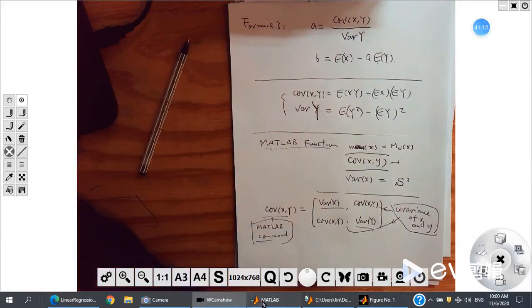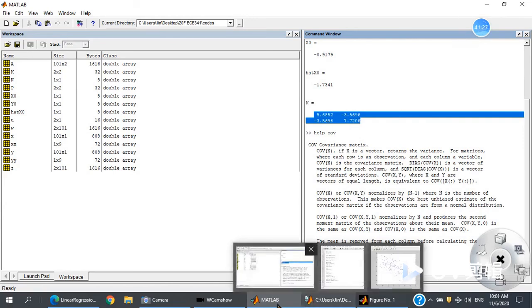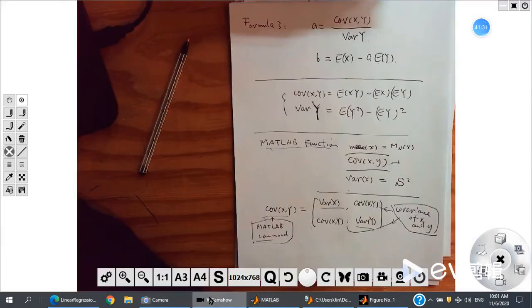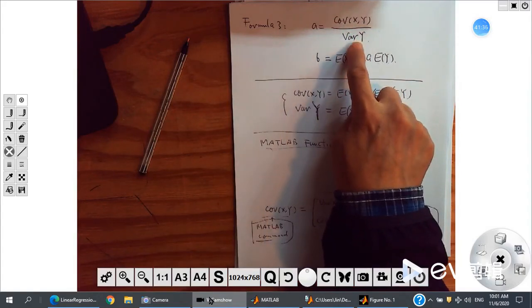So here, when we run it, we get this k. Then we have the variance of x, variance of y, and covariance between x and y. All right. Then what is a? If we use this formula, it will be covariance over variance.